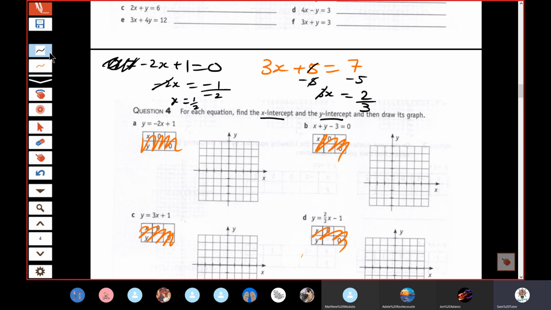Equals 0. How many is minus 3? That's the opposite of minus 3. Plus 3. So we have x equals 3 plus 3.